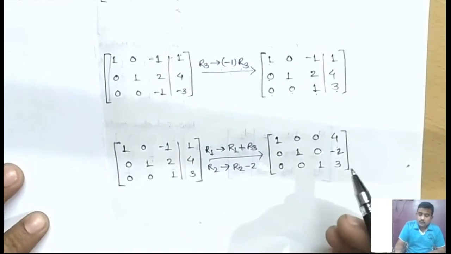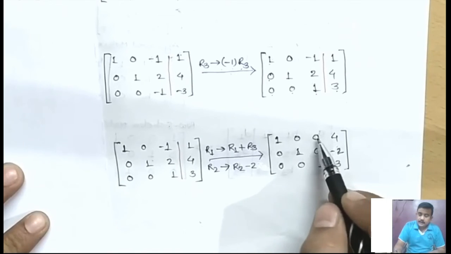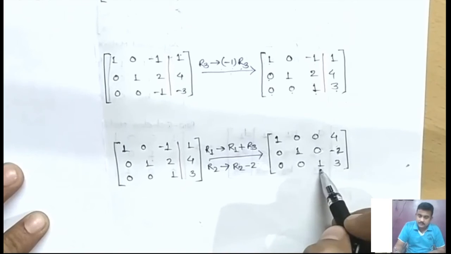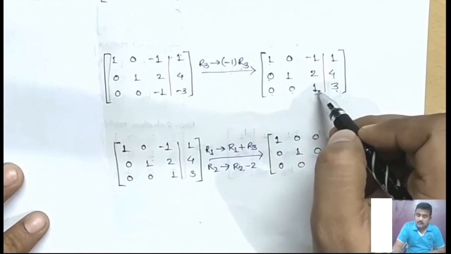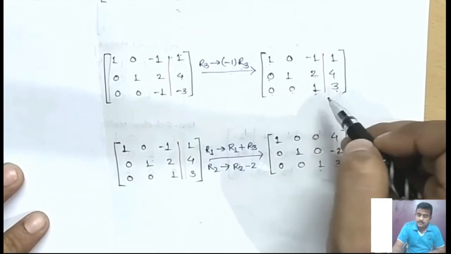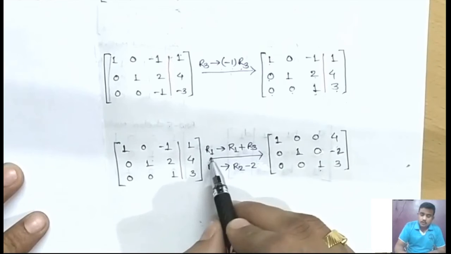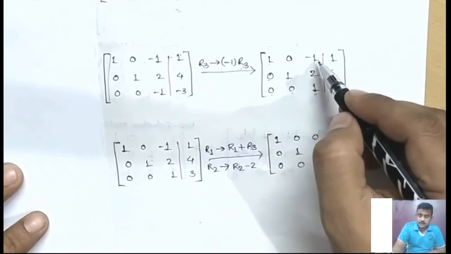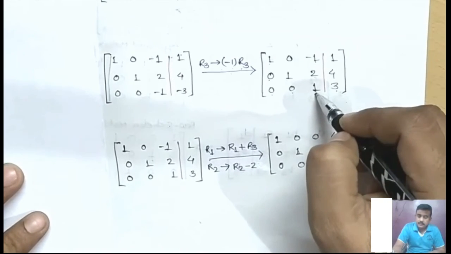Now by echelon form we need to produce 0 above this one, so we first convert these values into 0. So the row transformation will be like this. Row 1 changes to row 1 plus row 3, because in row 1 the value is minus 1 and in row 3 the value is 1.